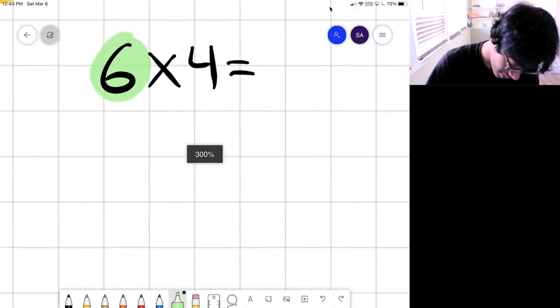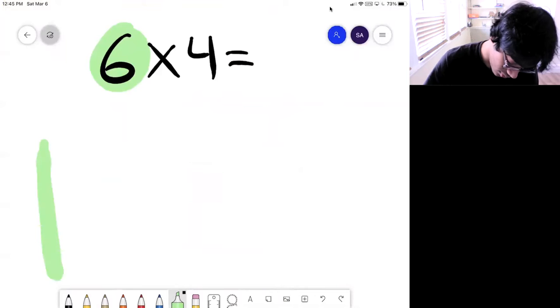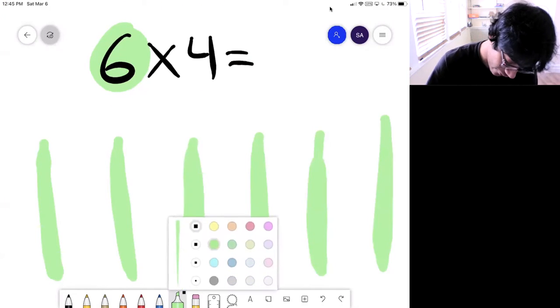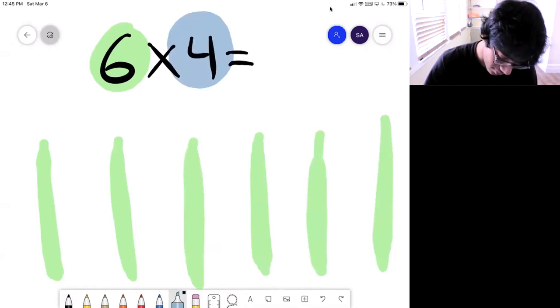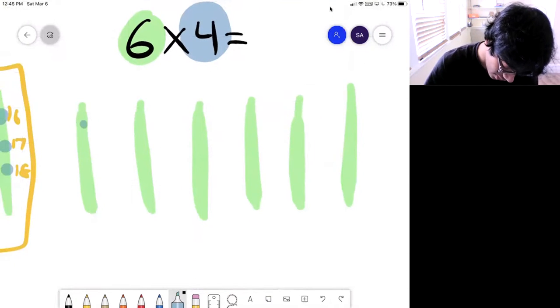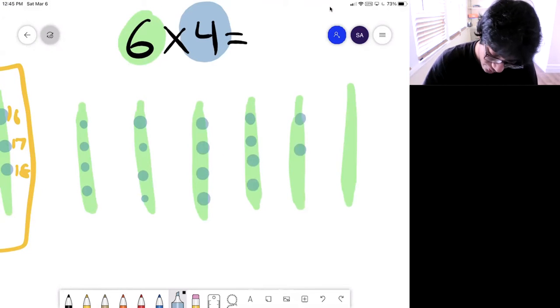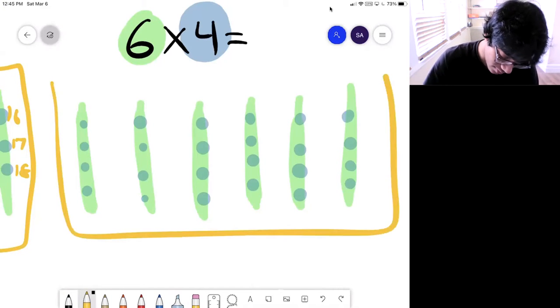So 1, 2, 3, 4, 5, 6. And I have 4 dots in each column. So 1, 2, 3, 4, repeated in each column. Now count up how many dots in the whole shebang.